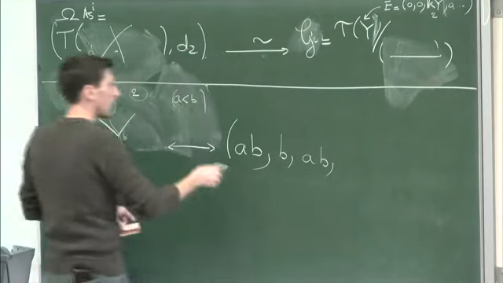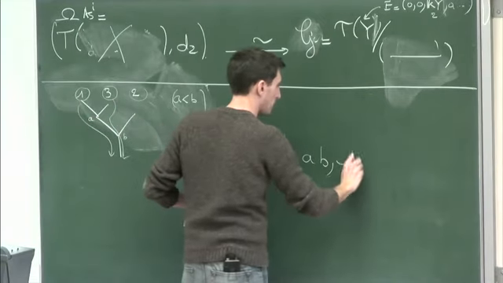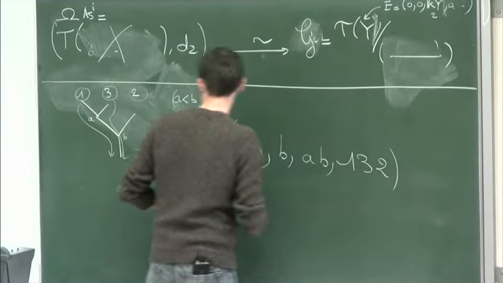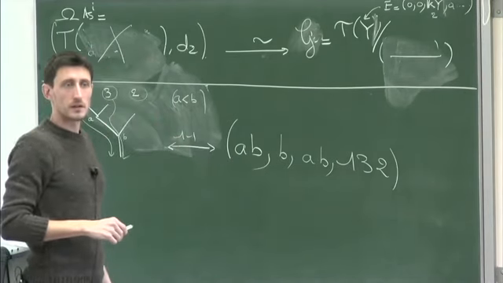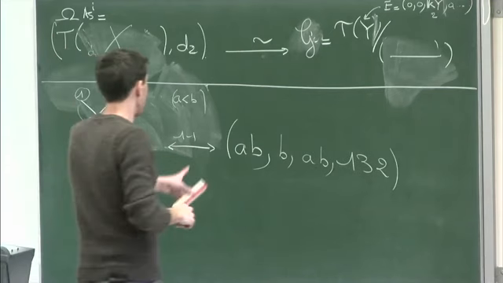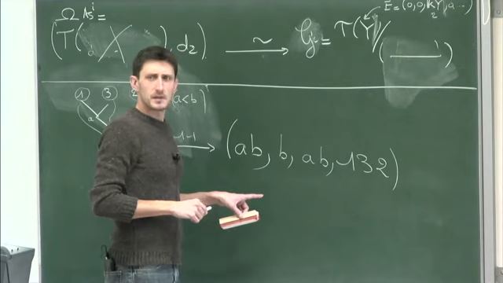Somehow this forgets the shape of the tree, but if I give you this, then there is a 1-1 correspondence between this labeled tree and this sequence of data.